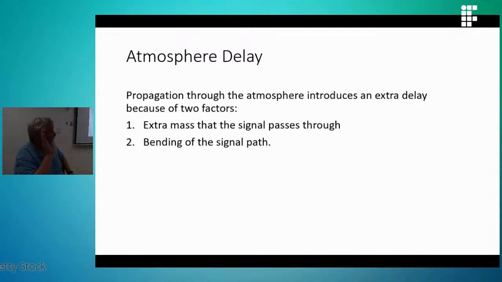And roughly speaking, the denser the stuff is, the slower the light goes. But that's sort of half right. The other thing that happens is the signal path changes. So that's also going to change propagation.